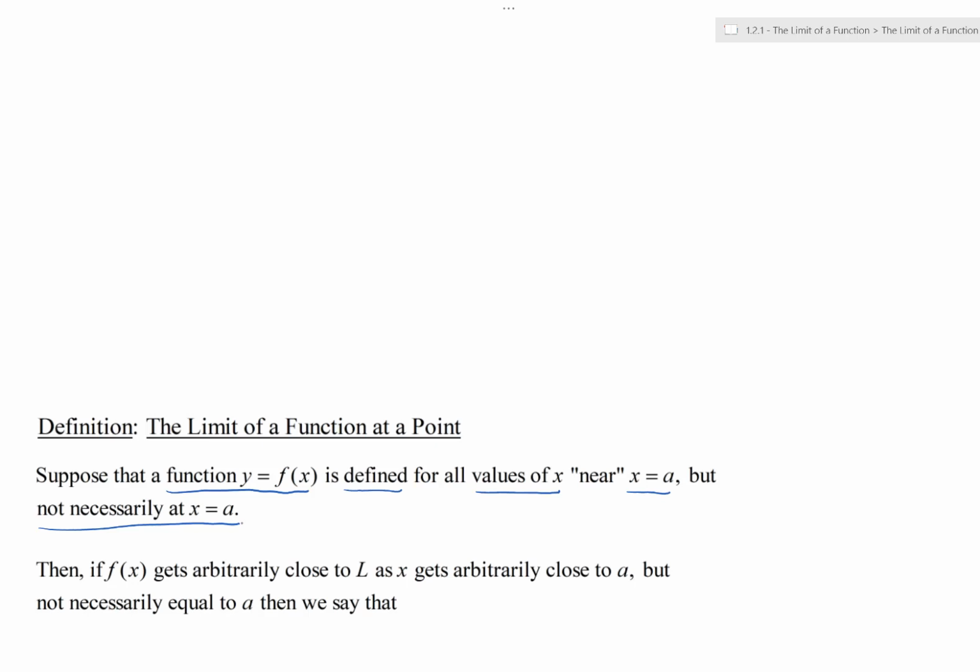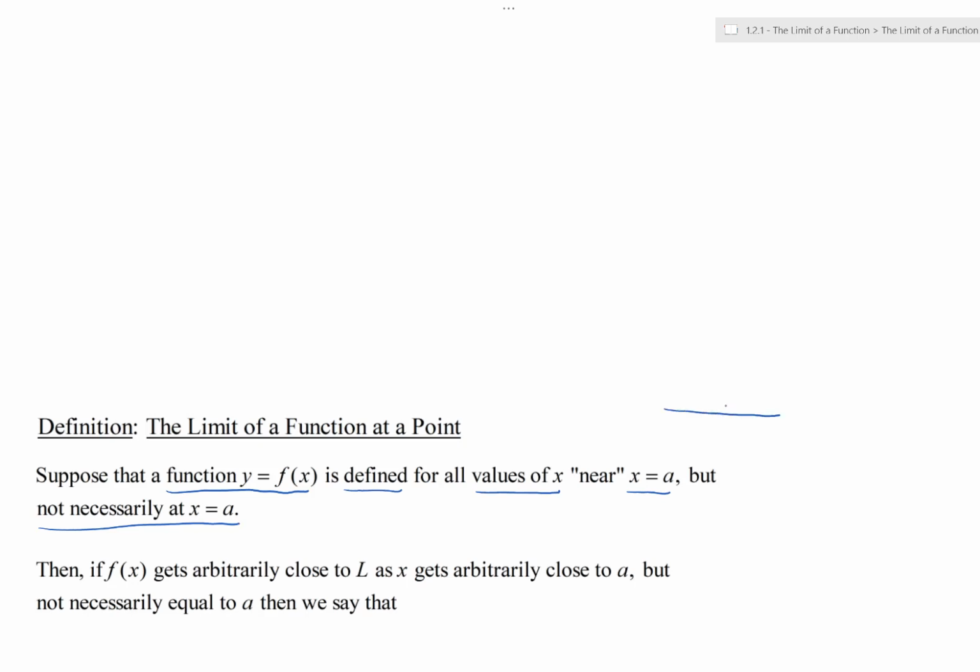So it could be defined at a, but for our definition of a limit, we do not need the function to be defined at a, but we do need the function to be defined for values of x, quote unquote, near a. Now, when we say the word near here, we mean kind of arbitrarily close by on both sides.